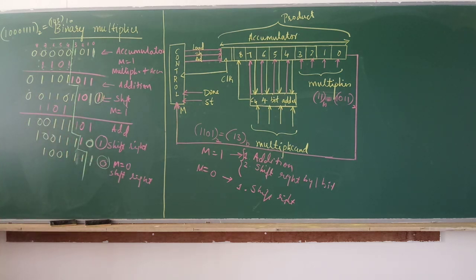Just a minute. 1, 0, 0, 4 ones. Okay, this bit will be 0. This will be 0 now. Yeah, correct. This will be 0. Correct? Okay, this will be 0, right? So 0.